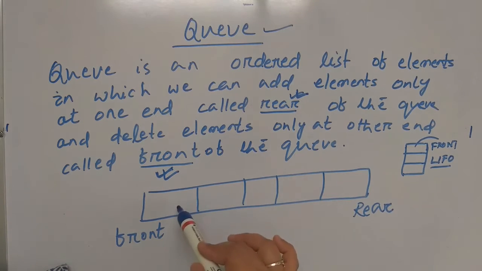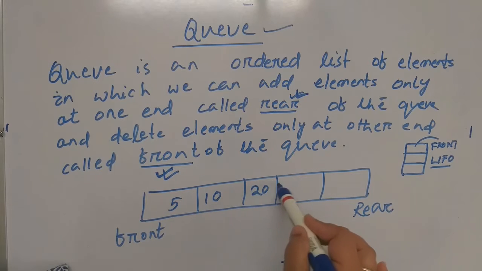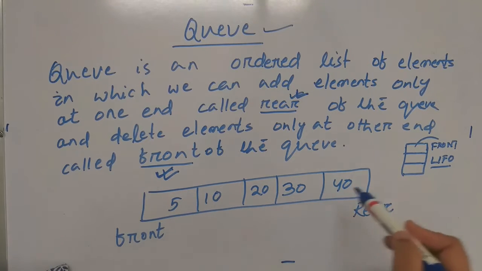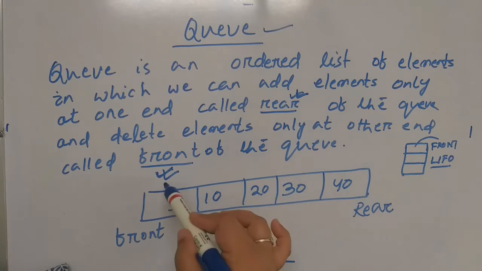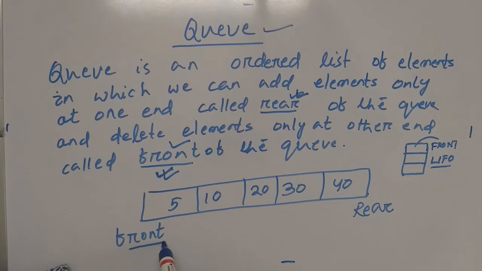But in the queue case, whenever we enter elements 5, 10, 20, 30, 40, these elements are entered one after the next. We delete from the front end, that means this is the end from where we delete the elements.